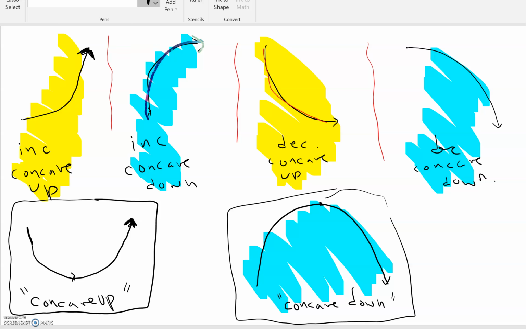Okay, so that's a little bit about concavity. Now, what happens if we glue two different types of concavity together? What I mean is, what would happen if I glued increasing concave up, and then glued to it an increasing concave down? So let's go to the next page.